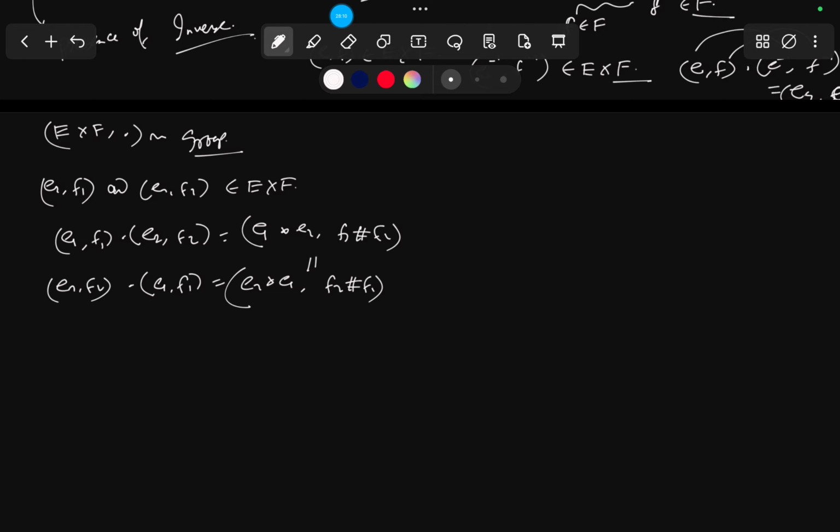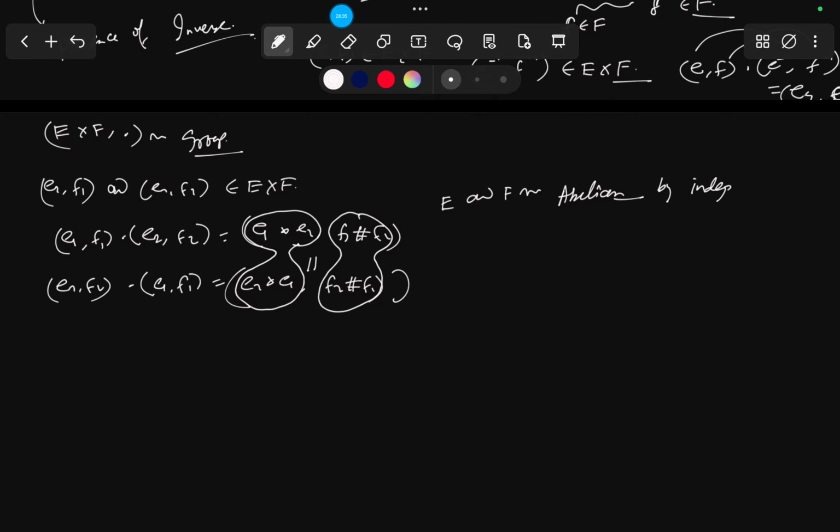Now if both have to be the same, then each component needs to be the same, that is, this one should be the same as this one, and this should be the same as this one. That means E and F both have to be abelian independently. Only then can you say that E cross F is abelian.